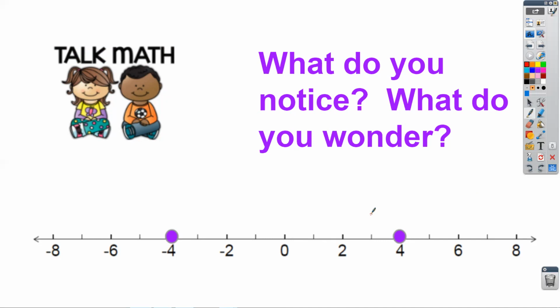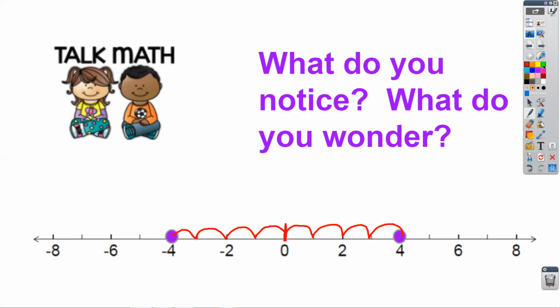Okay, now that I have your attention back, a few things that I noticed and a few things that I wondered. I noticed if 0 here is in the center, it took 1, 2, 3, 4 jumps to get to 4. And I noticed that it took 1, 2, 3, 4 jumps to get to -4.